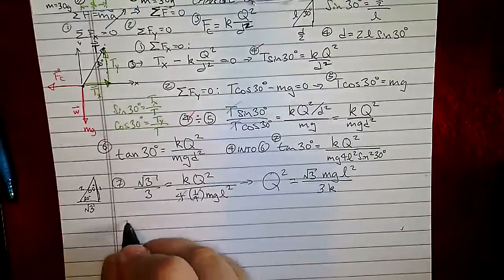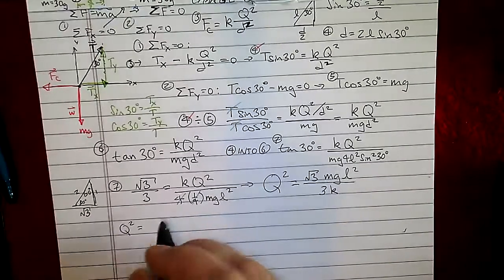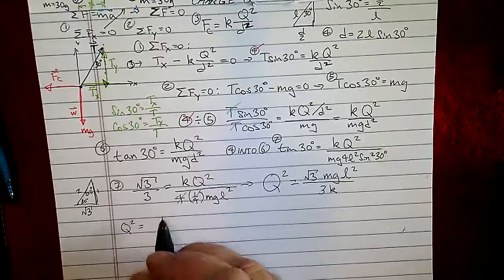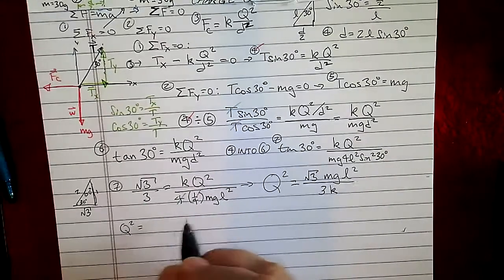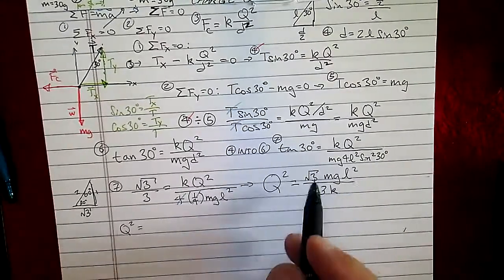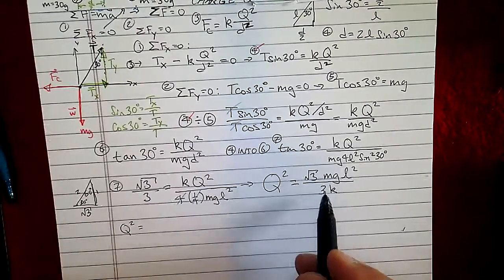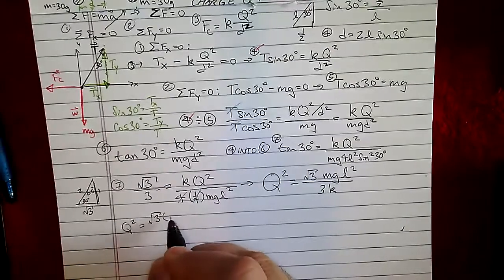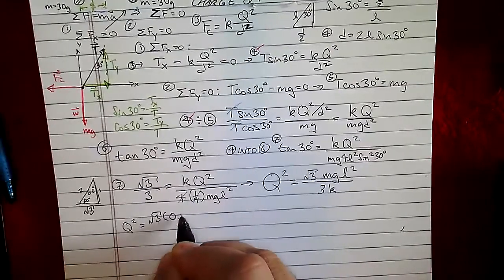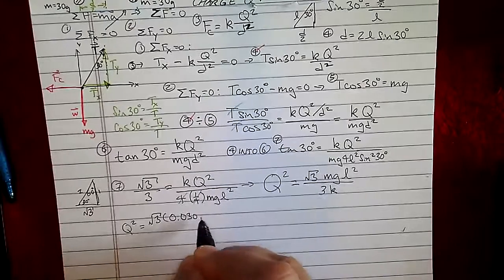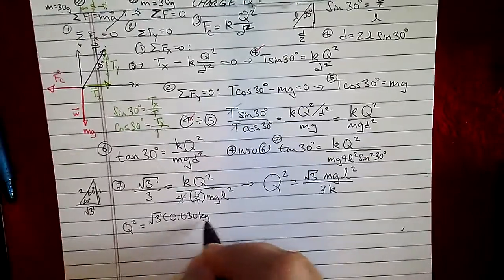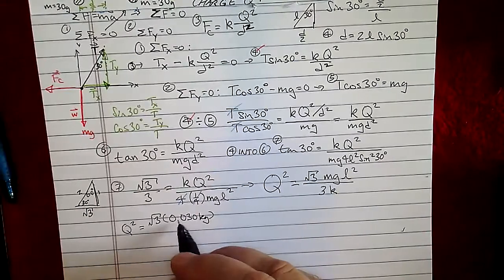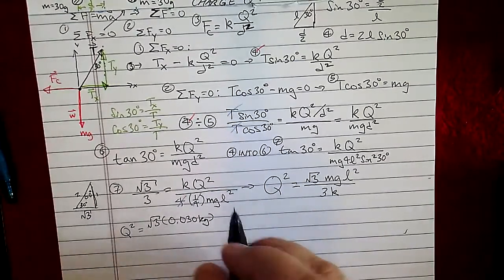So finally, I can say q squared is equal to, the square root of 3 is about 1.73. I'll put it all in the calculator in a second and do it exactly. That's about 1.73. That's, of course, exactly 3. So I'll put in all these numbers. The square root of 3 times the mass is 0.030 kilograms. Remember, everything has to be in the base unit, so the kilogram has to be used, not the gram. It was 30 grams, so I had to move the decimal 3 places to the left.